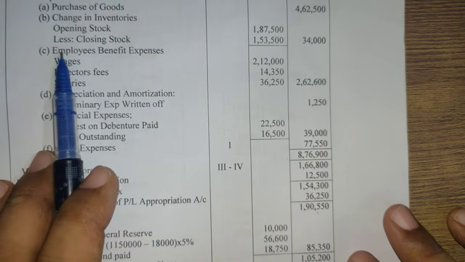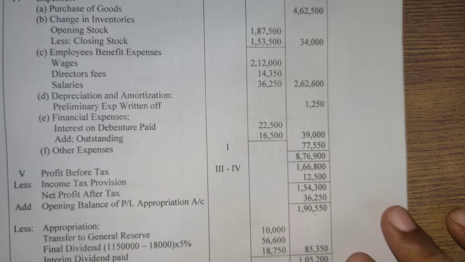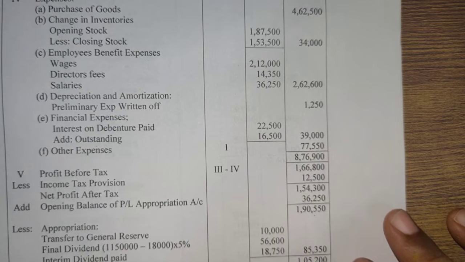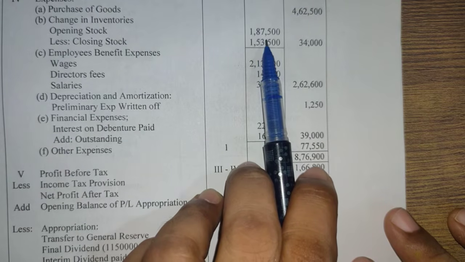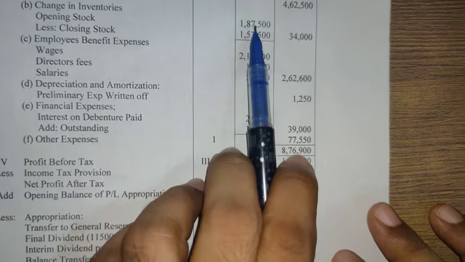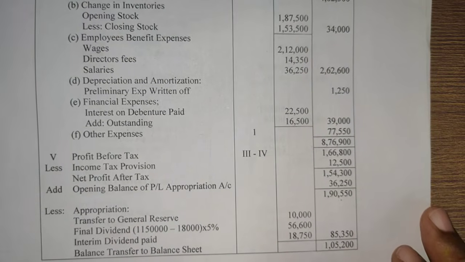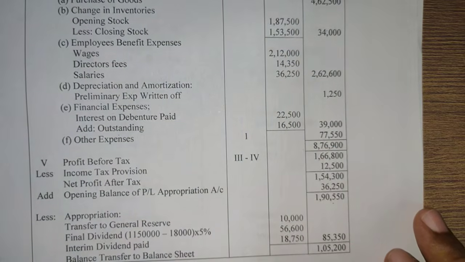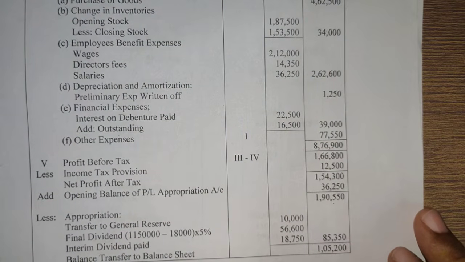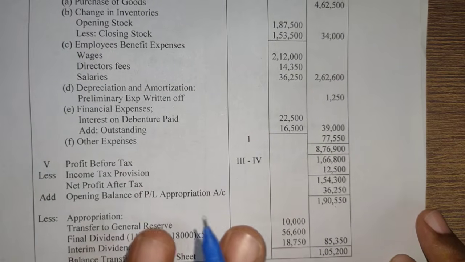Then the second most important heading is change in inventory. Change in inventory means opening stock minus closing stock. Closing stock is given in the first adjustment, and opening stock is given in the trial balance. While showing this entry, change in inventory, opening stock less closing stock, in the profit and loss account, you should not change the sequence.